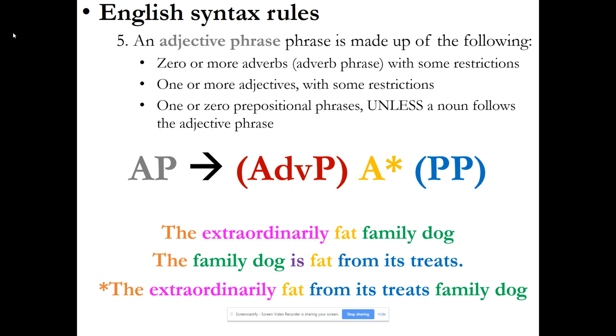I put a little star there. When a star is near a sentence, it means it's wrong. The extraordinarily fat from its treats family dog. That doesn't work. That doesn't make sense. Because family dog is a noun phrase, two nouns, you can't put that prepositional phrase after fat. It only works when there's no noun after it.